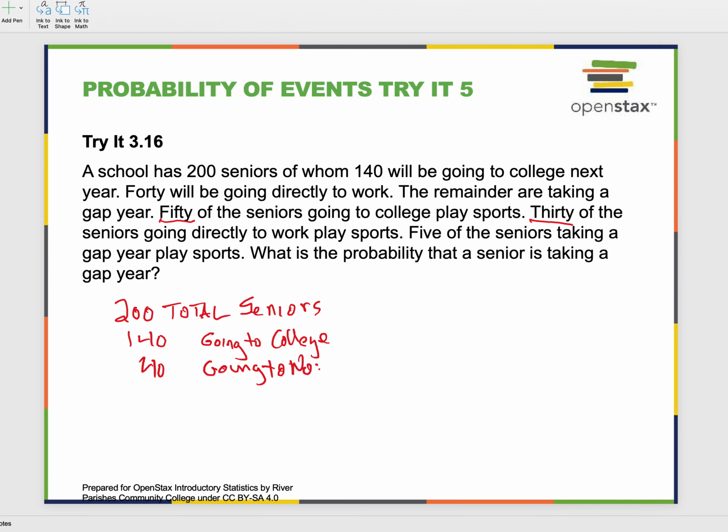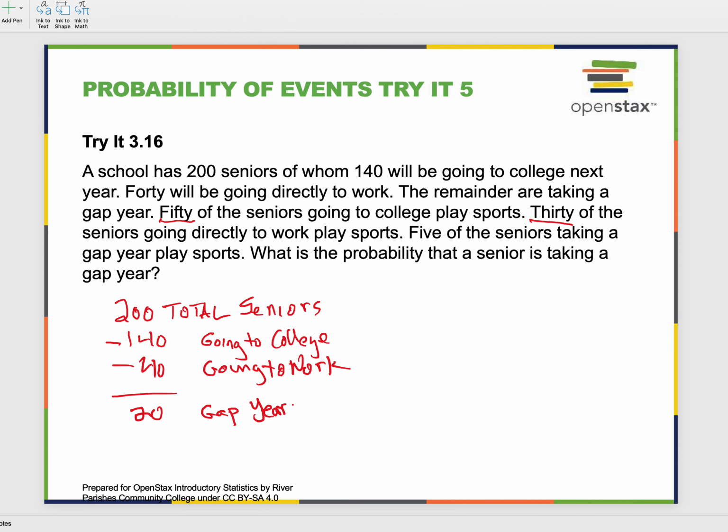I'm not sure what we mean by a gap year. What is a gap year? You take another year of education so you can go to a better school. And so if I subtract these two numbers, 180, from that, I'm left with 20. The other classification is gap year. So 20 are going in a gap year.